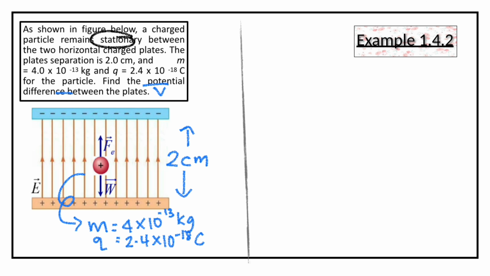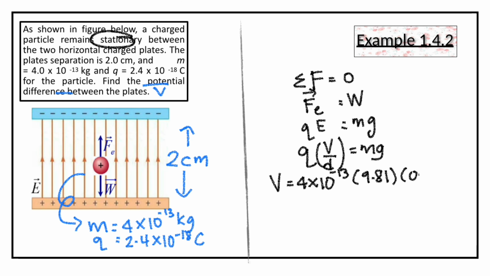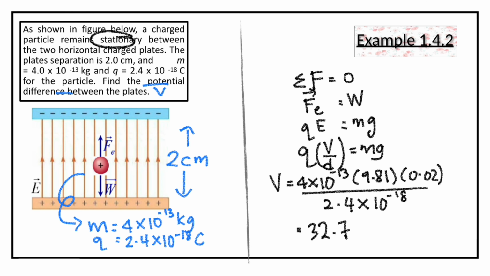As we know, this is a stationary charge. So for a stationary charge, the summation of F equals 0. So Fe is equal to W. We can substitute Fe with QE and W with mg, and then take V as the subject and substitute all the values, where m is 4 times 10 to the power of negative 13, g is 9.81, d is 0.02, and Q is 2.4 times 10 to the power of negative 18.